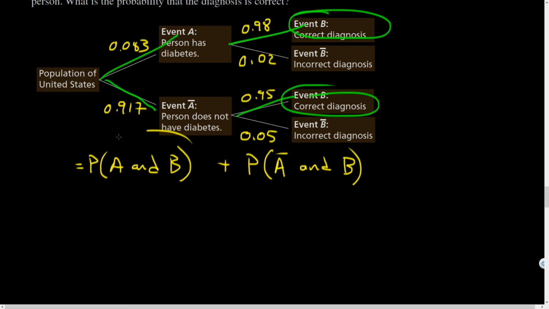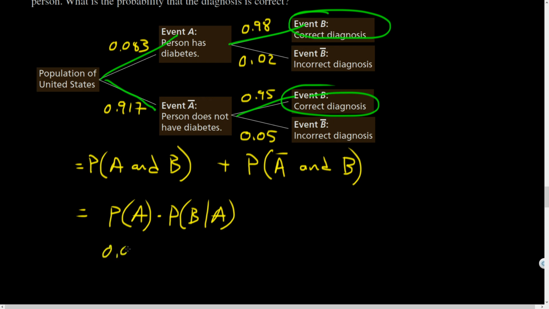I can't simply multiply these, or actually, oh, no, I can, because this already is a given scenario. This is the probability of A times the probability of B, assuming A already happened.